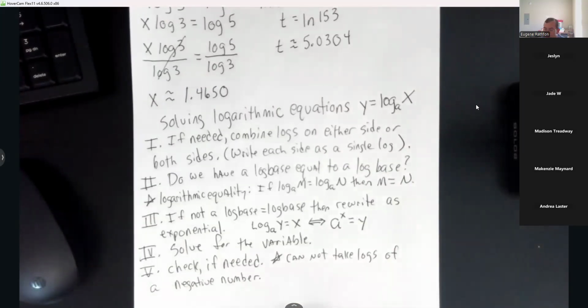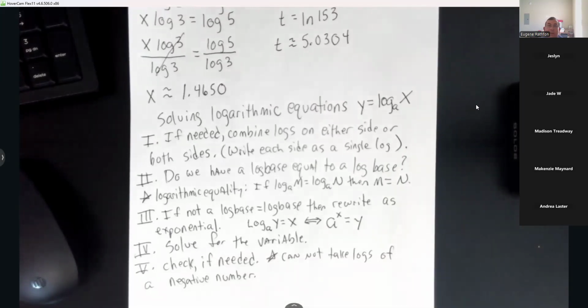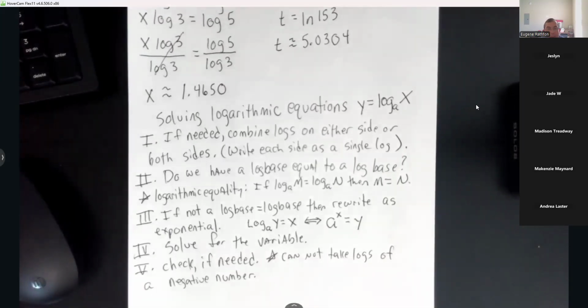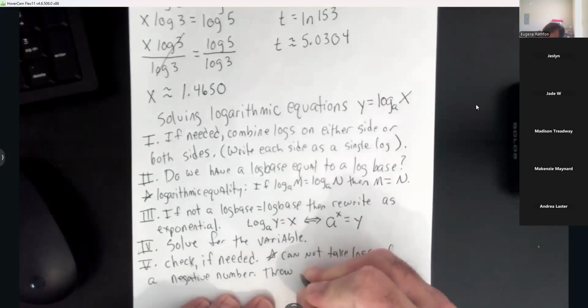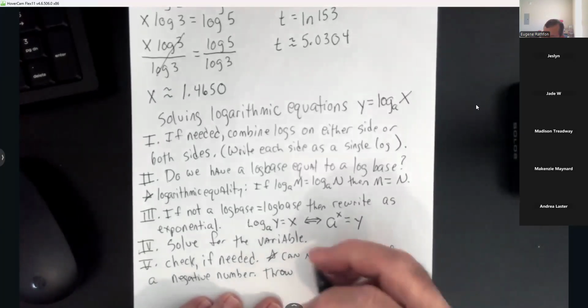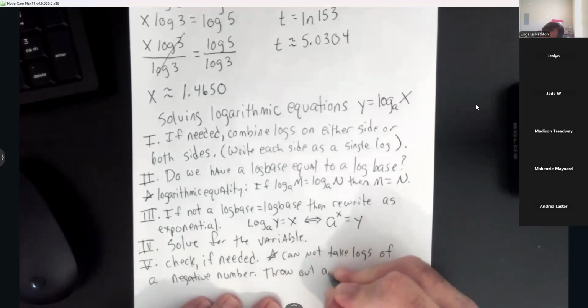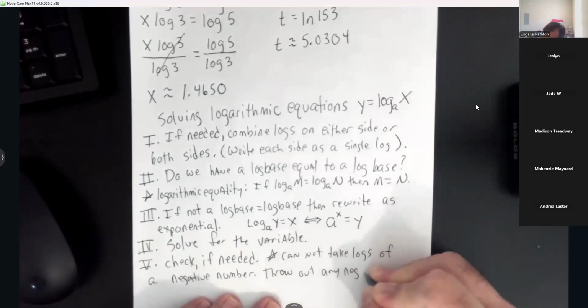Remember, we had some examples where you had to try to take the log of a negative 65 or something. Well, we got non-real results for those, right? So since we got non-real results when we try to take a log of a negative number, that means if we get negative answers, we got to throw them out. So throw out any negative answers.